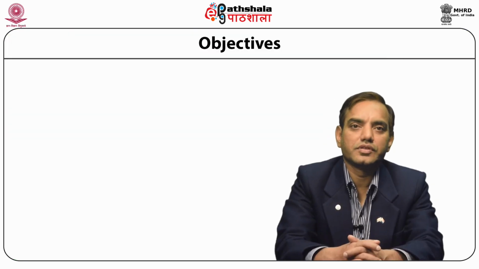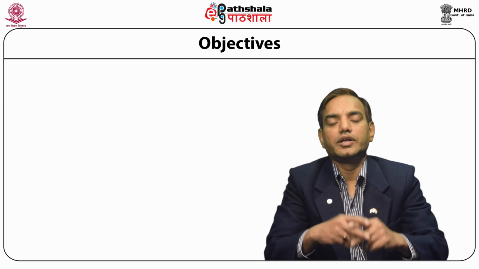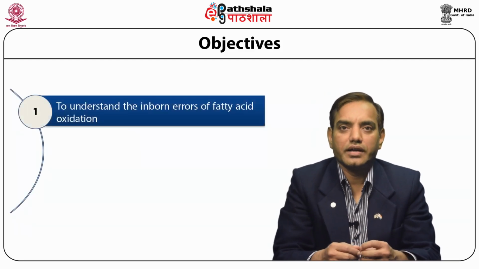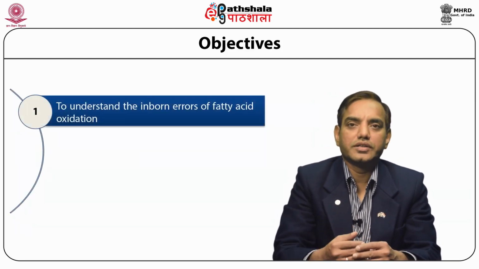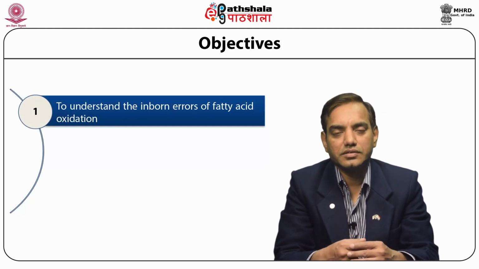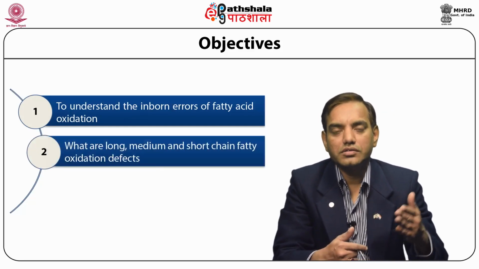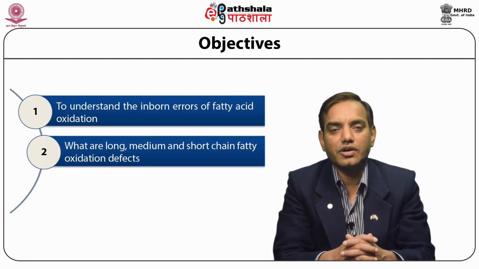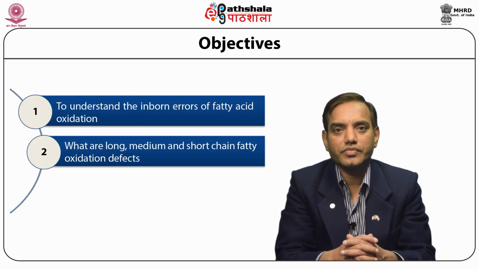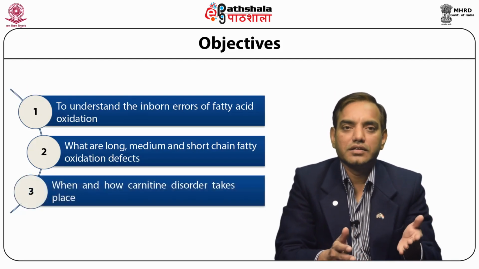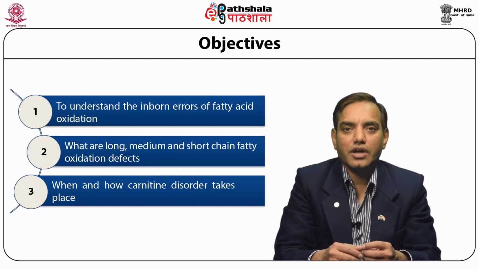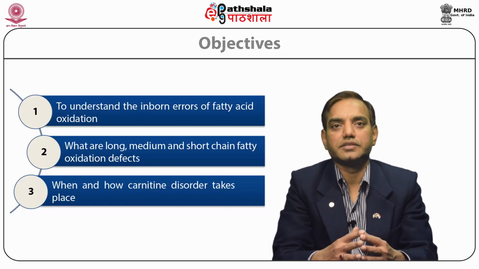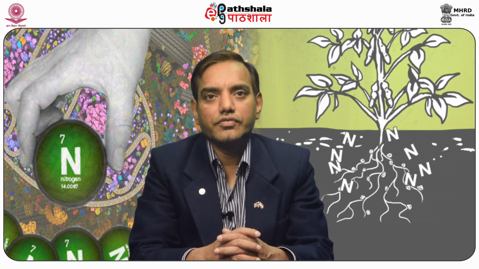The objectives of the paper include to understand the inborn errors of fatty acid oxidation, what are the long, medium and short chain fatty acid oxidation defects, and when and how the carnitine disorder takes place. First of all, we'll talk about the fatty acid oxidation defects.